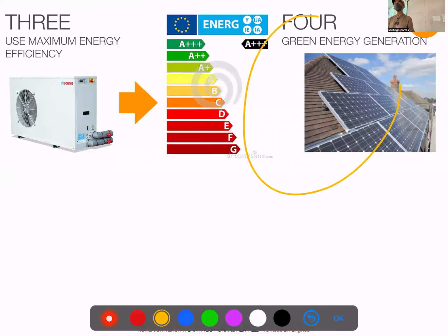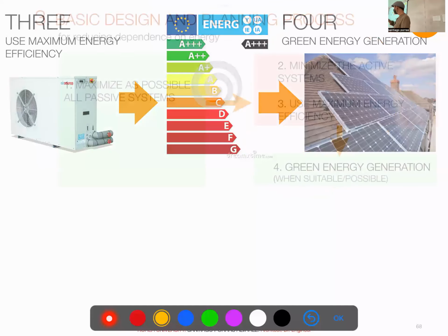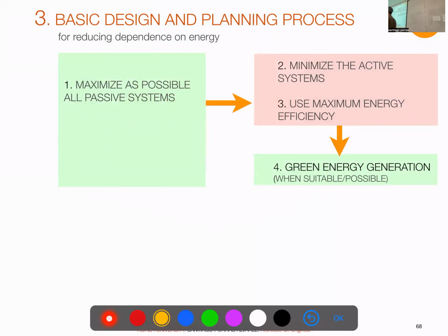And finally, this is just the last point, which often is the only point that people consider. When you did everything possible, then you can consider adding renewable energies on site, because then the need of energy is very small. So you will need a reasonable amount of solar panels or whatever you want to use, right? So this is the reasonable process on how we do this kind of energy-efficient design.